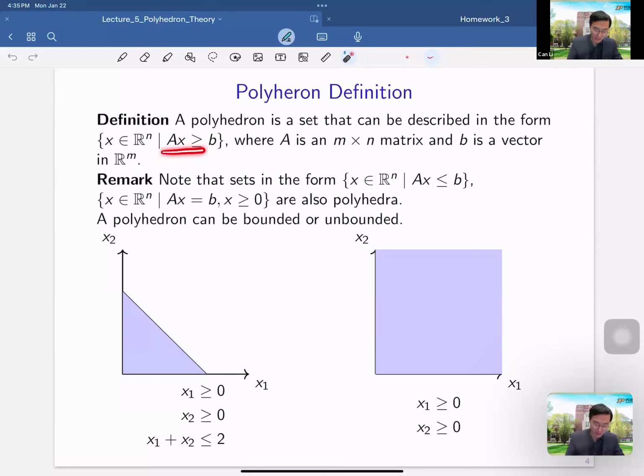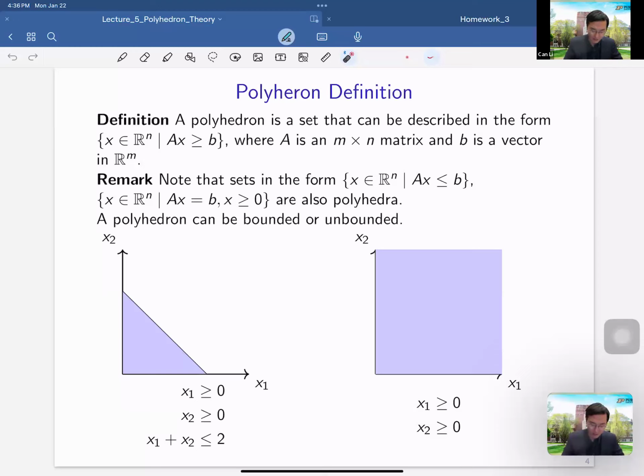Of course, you can do Ax greater than or equal to b, and without loss of generality, you can also represent a polyhedral set as Ax less than or equal to b. And we also talked about linear programming being represented in the so-called standard form, right? We showed how to convert a generic linear program to the standard form by adding things like slack variables. Then you convert it to linear equality constraints, and all the inequality constraints are x greater than or equal to 0.